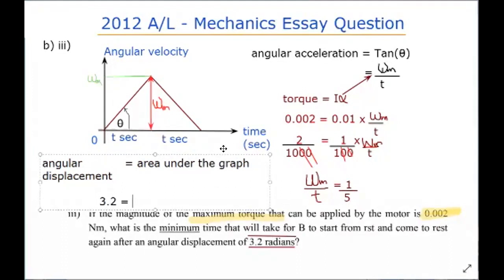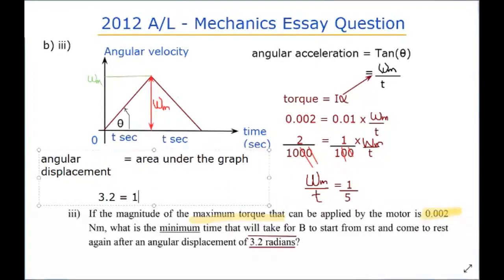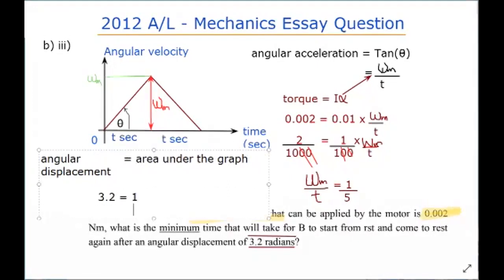So this is a triangle. So area under the graph means half into base into, what is the base there now? Base is t plus t, right? t plus t into what is perpendicular height? Omega m. Let me write it like this because it's very difficult for me to write omega m.